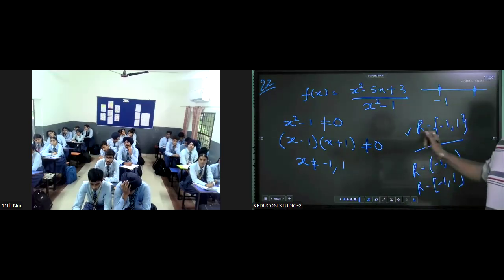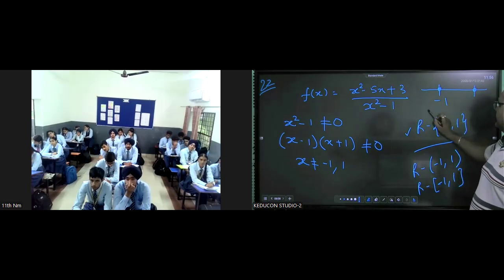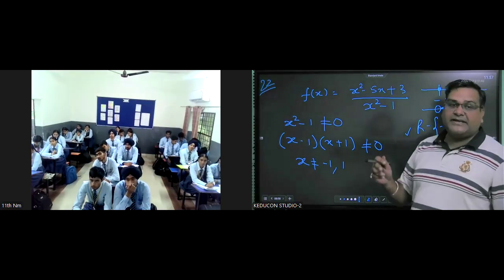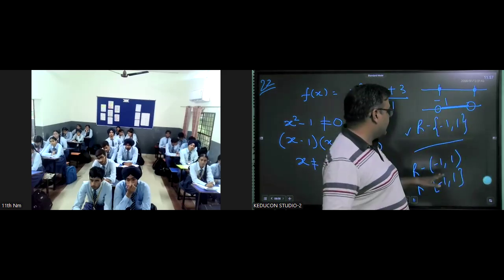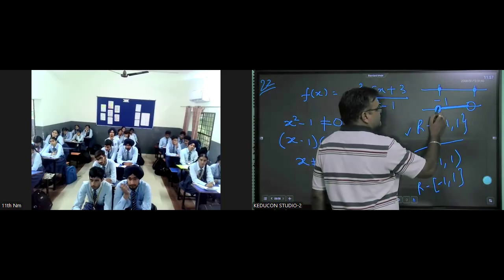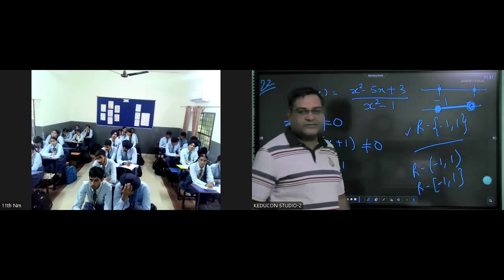When I am putting open brackets, it is every number between them except -1 and 1. But when I am taking the square brackets, it is everything including -1 and 1. So this is the difference.